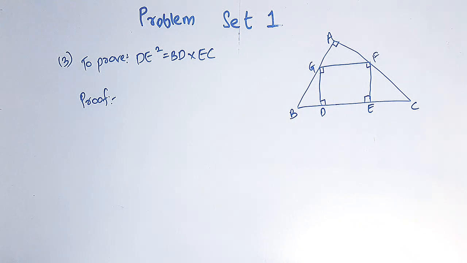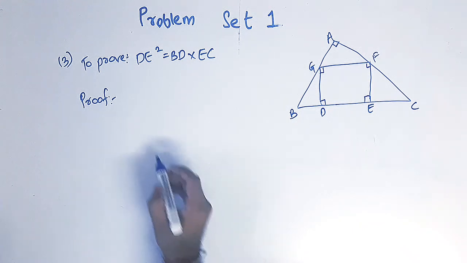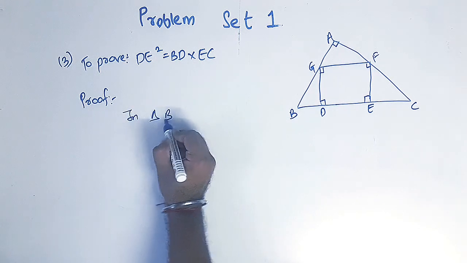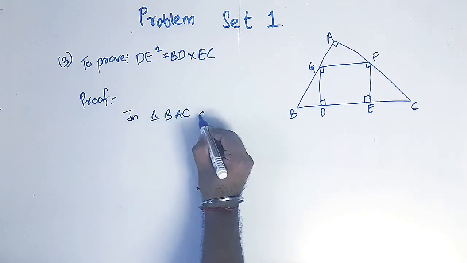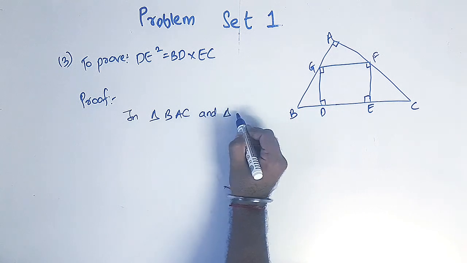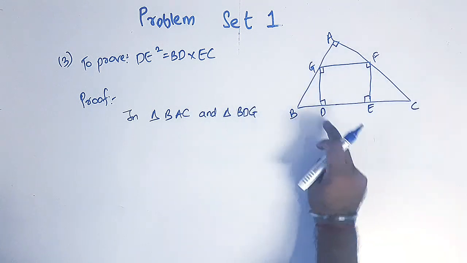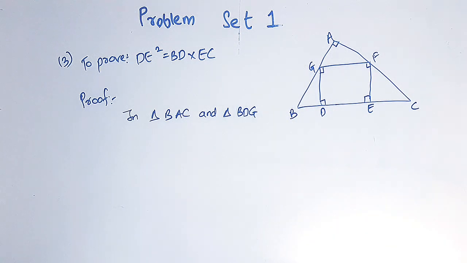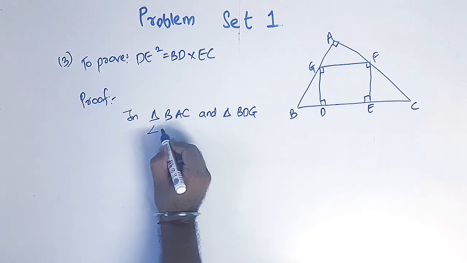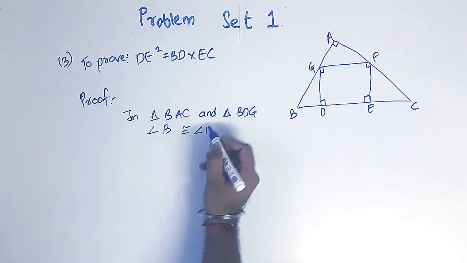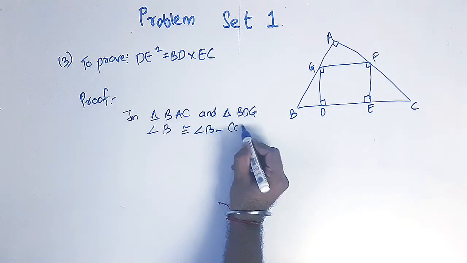So how will we go? We can take a base. You can see in triangle BAC and triangle BDG, what can you see? Angle B is congruent to angle B. This is what? Common angle.